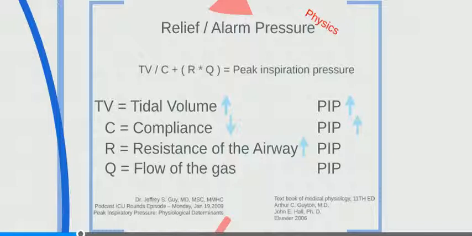You're going to increase peak inspiration pressure. This is sort of becoming intuitive, right? The whole reason for this equation is to get these ideas of what can cause increased pressure inside your thorax.